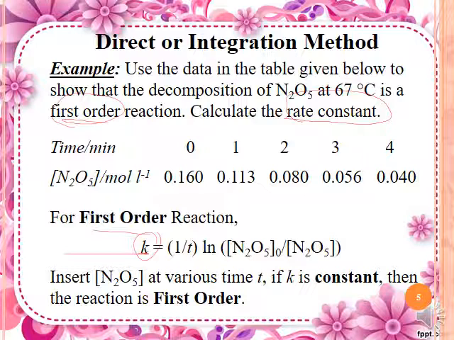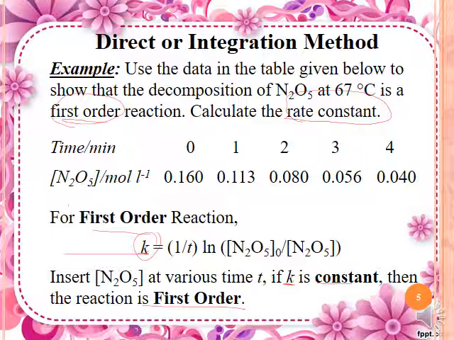So we insert the concentration at different times. If the rate constant k is found to be constant, then the assumption is true, which is first order. If it's not, it means it's not first order, but the question already mentioned it's first order.